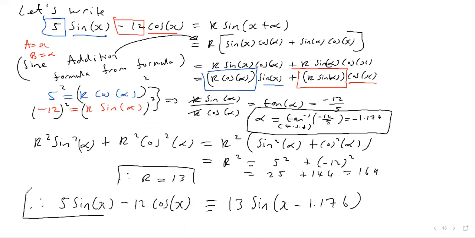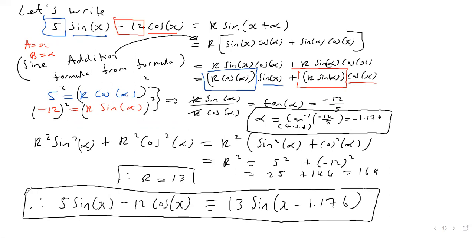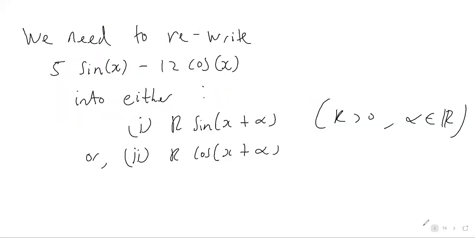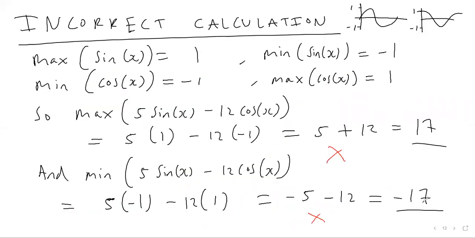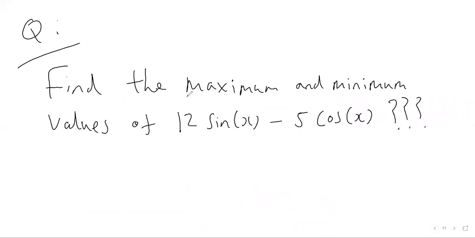So we know that this must be true for a fact. So now then, how can we find the maximum and minimum values of this function here? Now we've converted what we wanted into the form R sine x plus alpha. And the original question back here was to actually find out what the maximum and minimum values of this are.